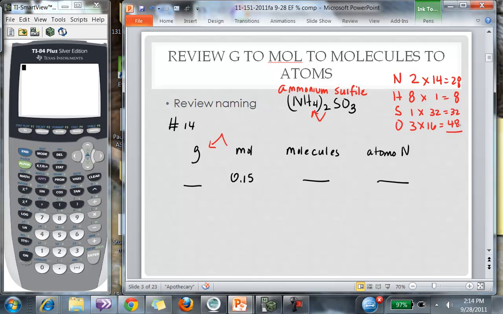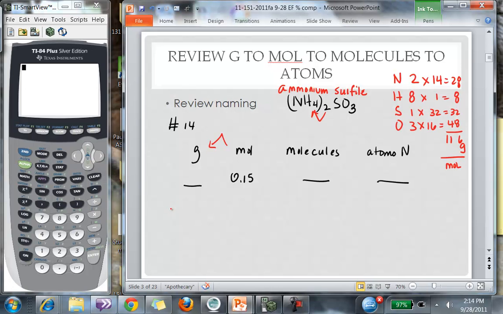8 and 8 is 16, another 8 is 24, 26, and carry 2. 2 and 2 is 4, and 4 is 8, 9, 10, 11. That's 116. The units for this are grams per mole.